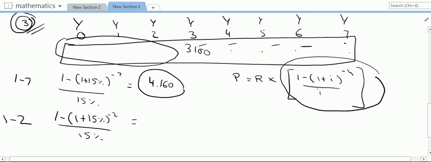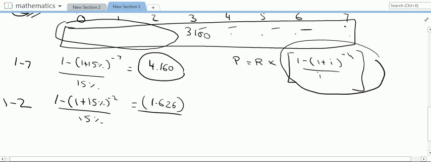If you compute 1.15 power minus 2, 1 minus answer, divided by 0.15, it will come out to be 1.626. If you net both of them off, it will be 2.534, which will be the discount factor for 3 to 7.